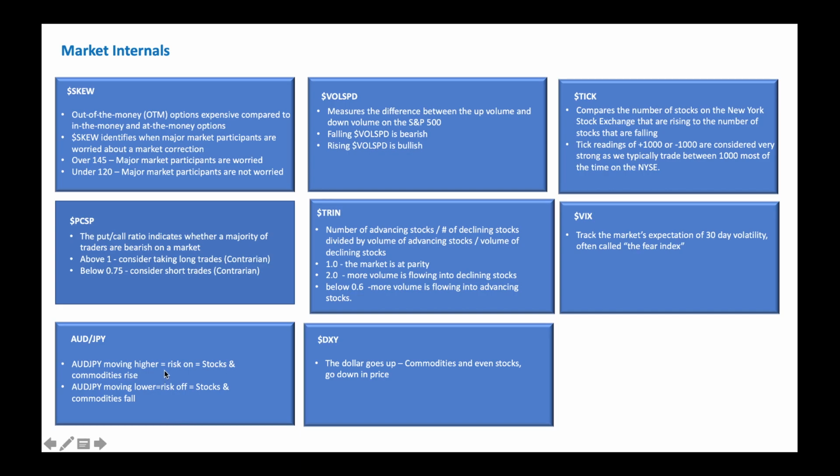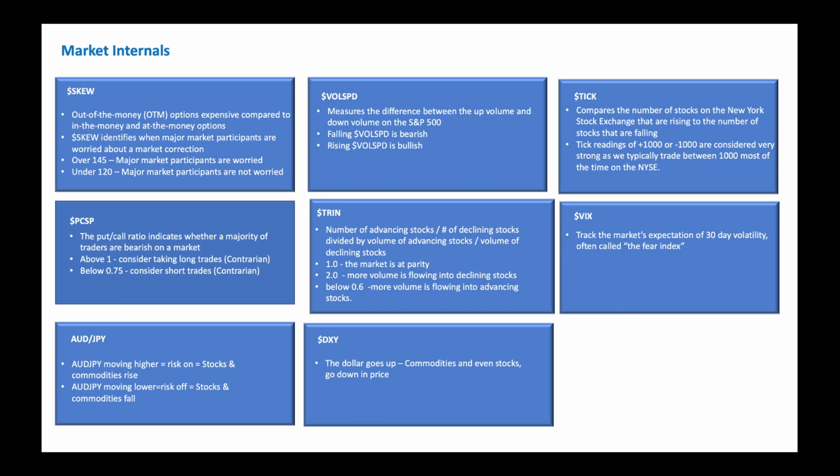Stocks and commodities will rise because people are really trying to bet the stock market will rise. But the moment AUD JPY is moving lower, that means risk is off. The stocks and commodities will fall, so money will flow out of them. So that's one thing to watch out for.